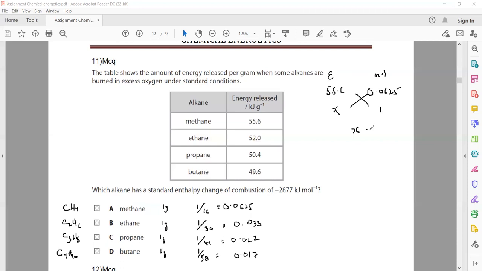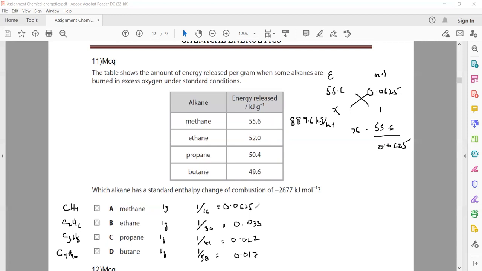So X will be equal to 55.6 divided by 0.0625. So this will release about 889.6 kilojoule per mole.